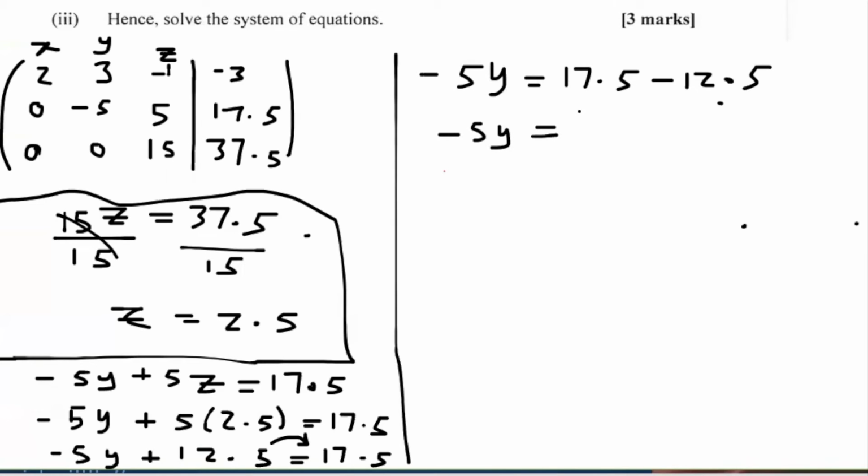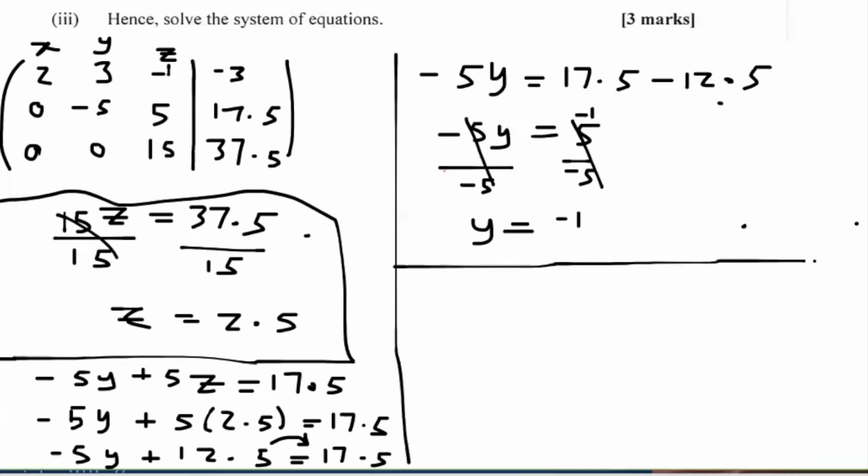So 17.5 minus 12.5 is positive 5. Now having this, to make y the subject, I divide both sides by negative 5. So the negative 5 cancels. And 5 divided by negative 5, I'll get a negative 1. So y is equal to negative 1.